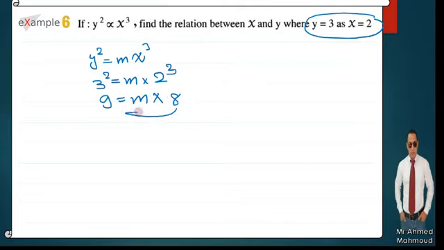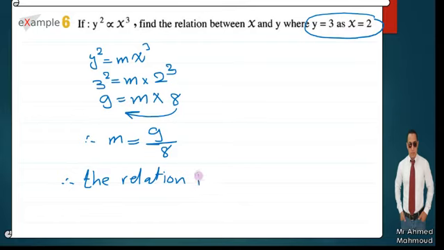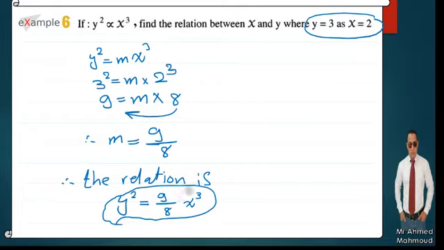I will send 8 there, therefore m equals 9 over 8. Therefore the relation is y power of 2 equals 9 over 8 x power of 3. This is the relation between x and y.